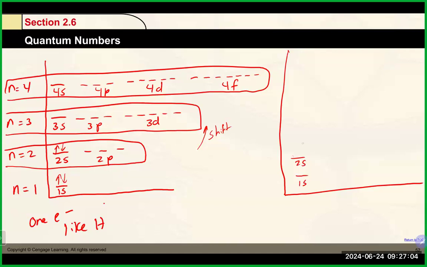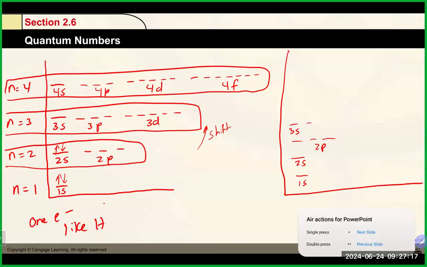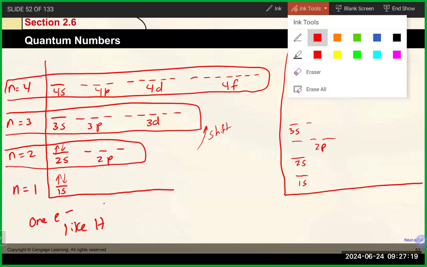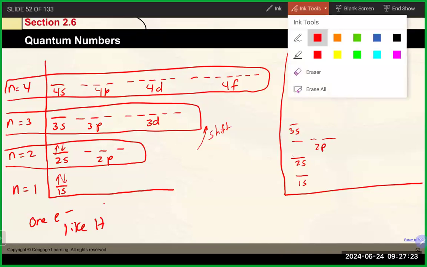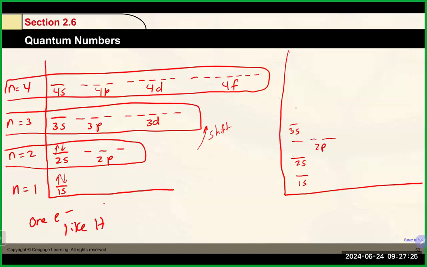Like 2s, and then you've got your 2p, then you've got your 3s. Then you've got your 3p.